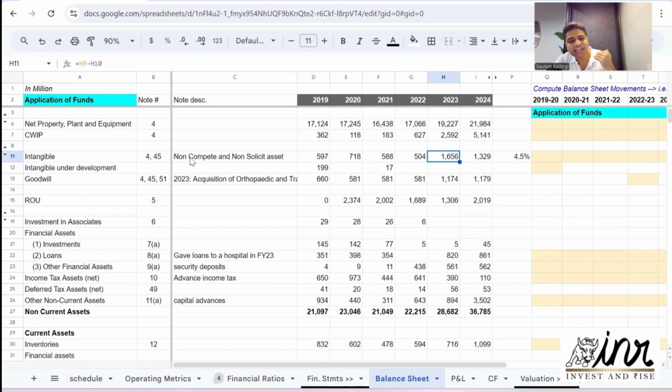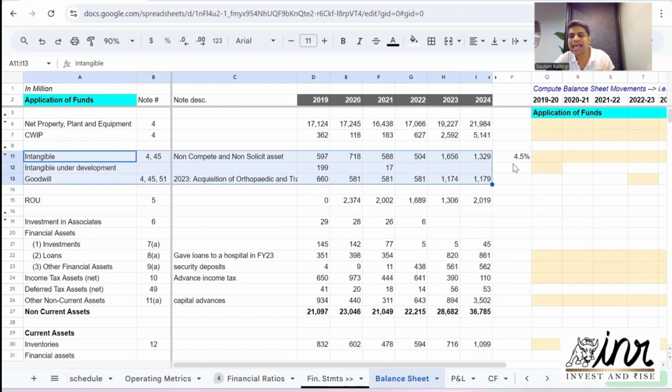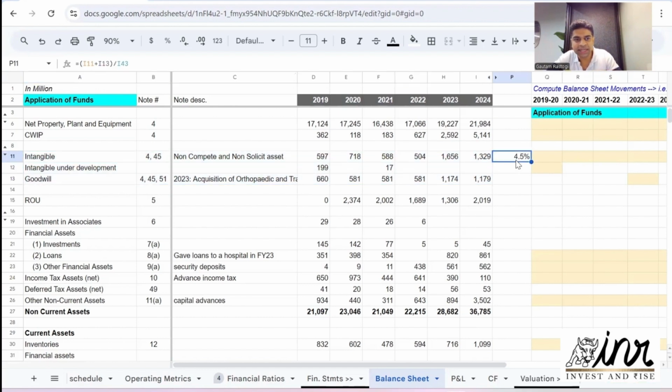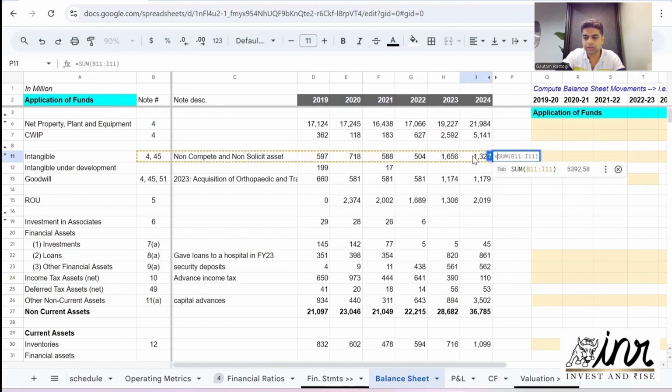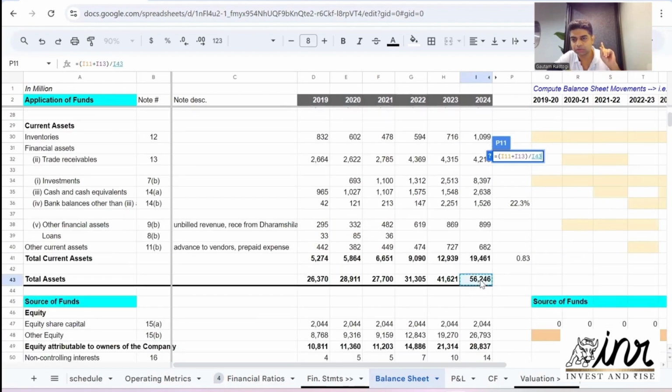So any which way, when I actually look at these intangible and goodwill, you know what I do? I compute how much of my balance sheet is intangible and goodwill. I need to get a sense of that.